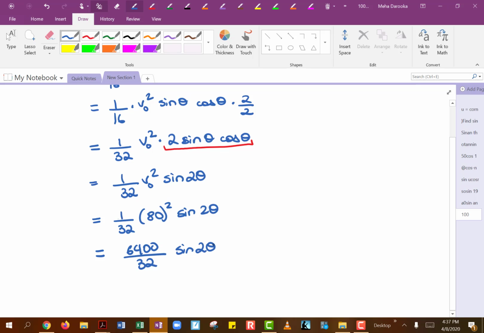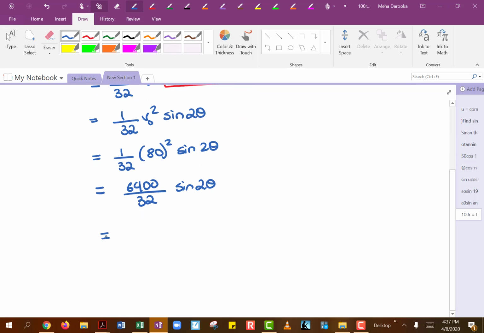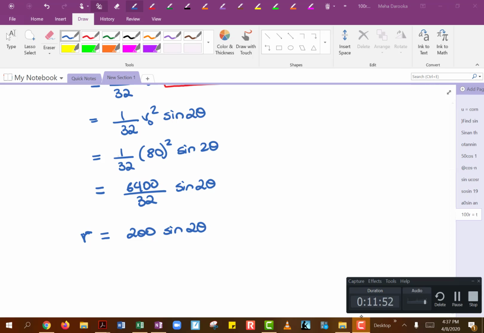And of course, this is all going to clean up: 32 will go into 6,400 200 times. And you get 200 sine of 2 theta. But now we still have to talk about how we can find that angle where we get the maximum value. So, this is a basic sine function, and the idea is you have to graph this sine function to actually see where it's going to reach that maximum height. So let's take a look at what that will look like.